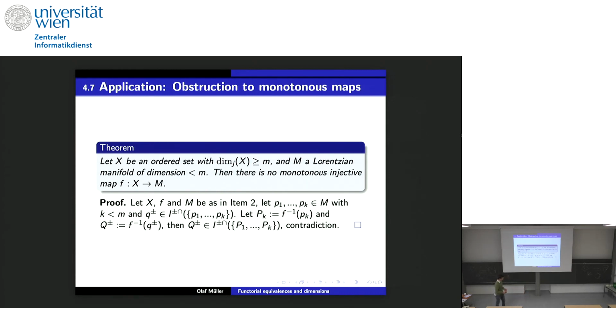Anyway, this can now serve as an abstraction, as opposed to the Dushnik-Miller dimension, which was useless for us in this respect. We can now actually get abstractions against monotonous injective maps between Lorentzian length spaces, meaningful ones. And it's just a 3 lines proof. You take some k-tuple of points around this here and pull it back, and it's what you would expect.